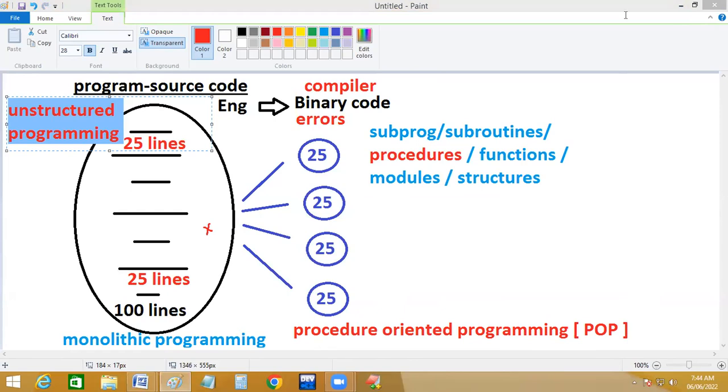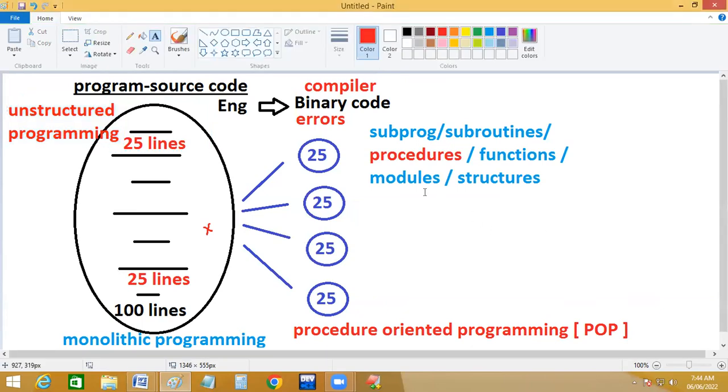When I touch OOPs, I have to cover concepts like data hiding, encapsulation, binding, inheritance, polymorphism. When you attend C++ or Java, they will discuss OOP concepts, because C is only POP technology, not OOP.